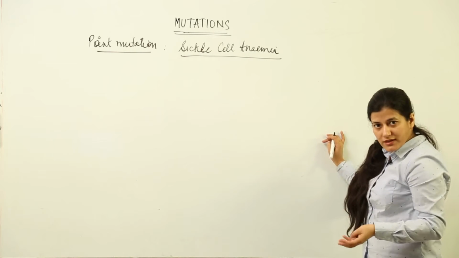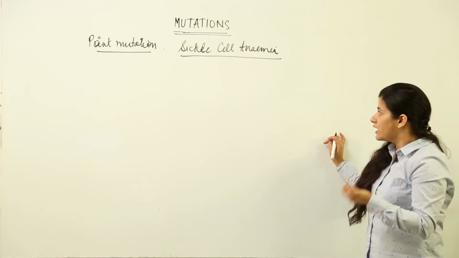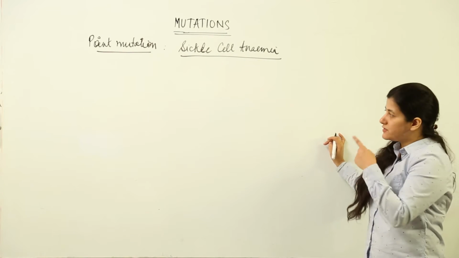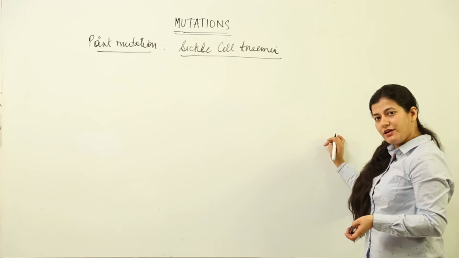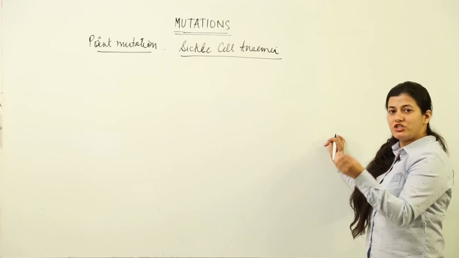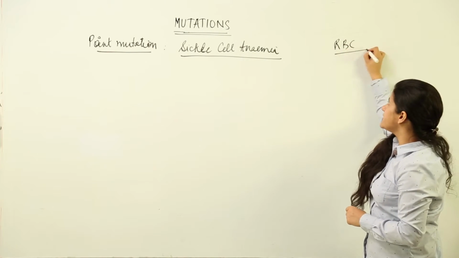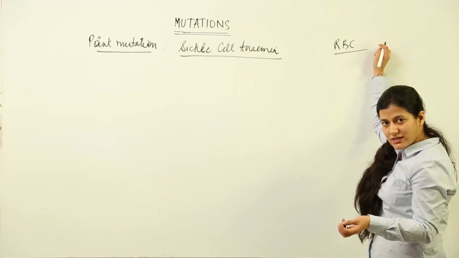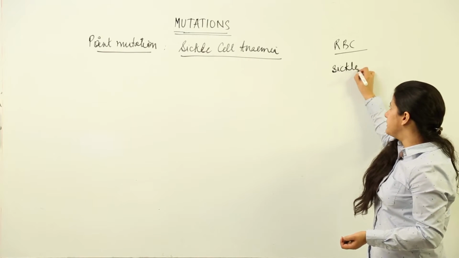Now not always, but under low oxygen concentrations, when there is less oxygen available, the cells of sickle cell anemic people polymerize and form sickle cell shaped cells. Which cells? RBCs. So RBCs otherwise are biconcave, but when oxygen stress occurs inside the body, the RBCs become sickle shaped or spindle shaped.